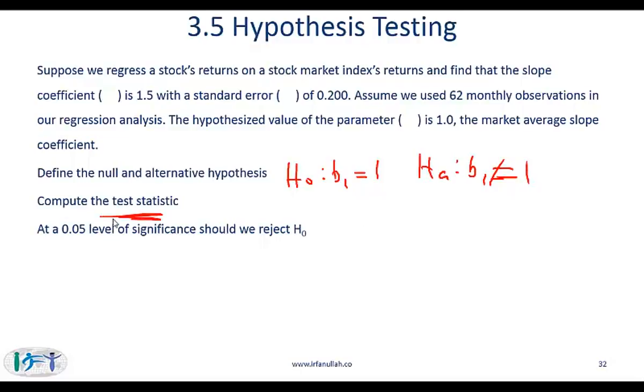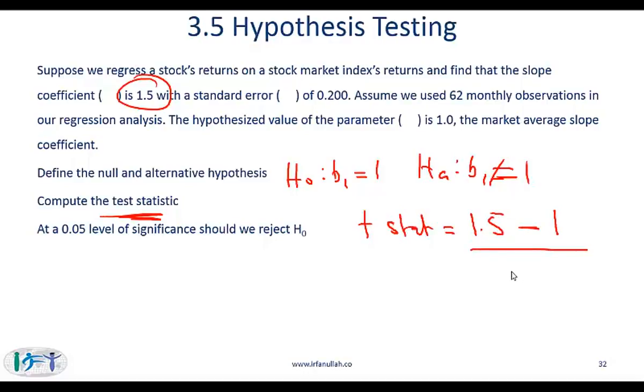How do you compute the test statistic here? There is always a formula for coming up with the test statistic. The formula here is the same basic formula that you learnt at level 1. That formula for the test statistic is equal to the value that you get from your data set, which is 1.5, minus the hypothesized value. What is our hypothesized value in this context? It is 1, divided by the standard error.